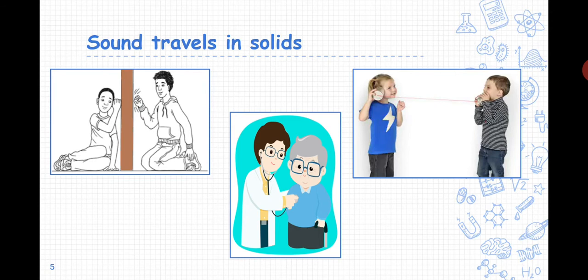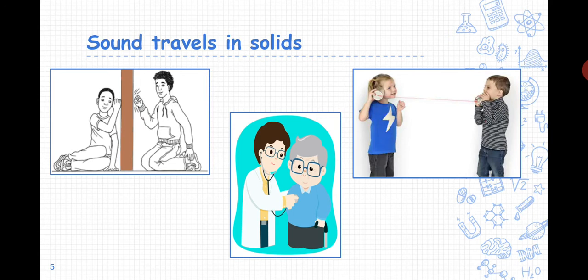So, my dear, as you noticed through those examples, the sound was traveling in solids, such as the table, the wall, the doctor's instrument, and the string. All those objects are solids. So we noticed now that sound can travel through a third medium other than air and water.